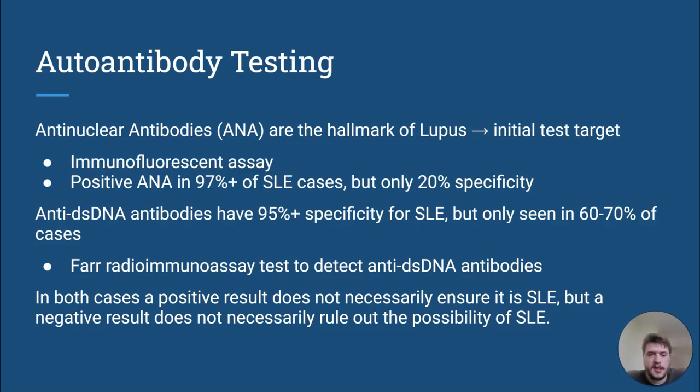And you'll see the presence of ANAs in more than 97% of systemic lupus cases, but it's not specific because they'll present in a high number of other autoimmune disorders. You can also test for things like anti-dsDNA antibodies, which are very specific for systemic lupus. They have 95% specificity, but they're not seen in a super majority of cases to say it's guaranteed to diagnose it.